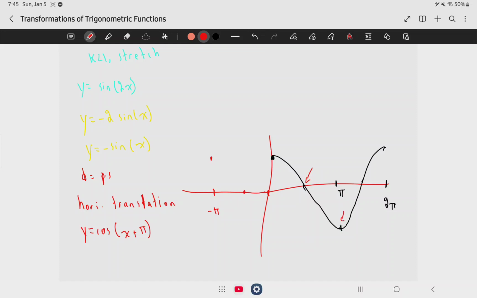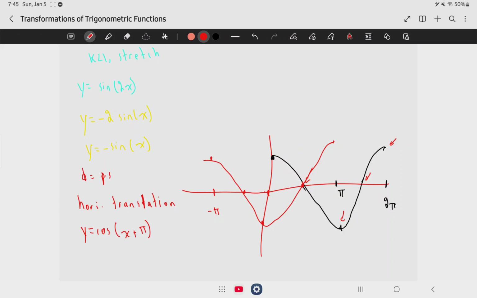Pi will go back to 0 on the x-axis. 3 pi over 2 goes back to pi over 2. And then our 2 pi will be shifted back to pi. And that would be our new cos function.